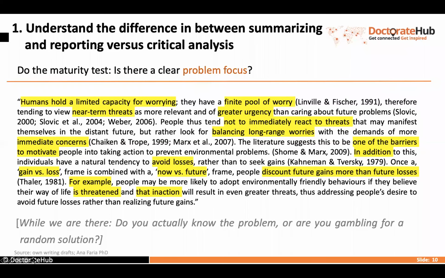So it's clear, focused writing in which you critically look into different concepts and meanings of worrying and how it relates to acting or not acting. So it's focused on problems. It picks on a very detailed level within the literature. It uses different concepts expressed in different literature sources, and it contrasts them. So this is a very advanced stage of writing.